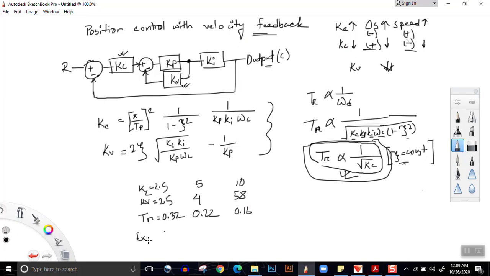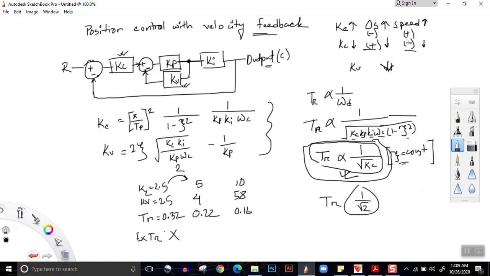Now, expected TR, we will not find expected rise time for 2.5, but see, Kc is being increased 2 times. So what should TR be? TR should decrease by 1 by root 2 times.